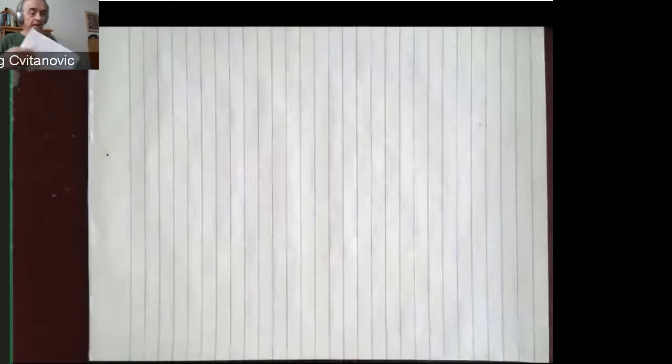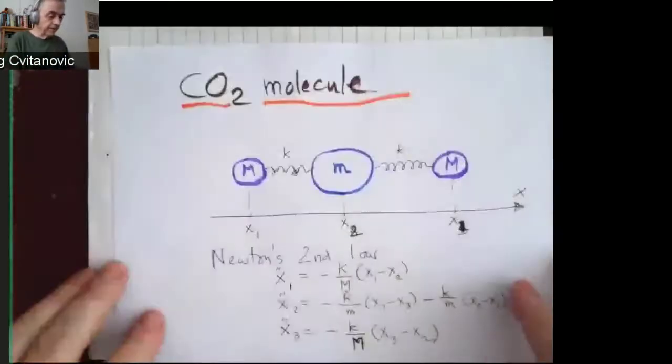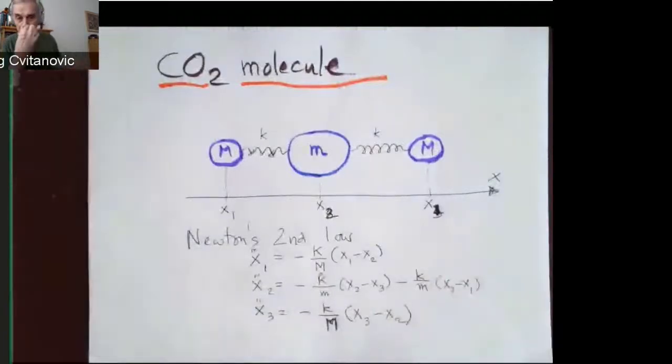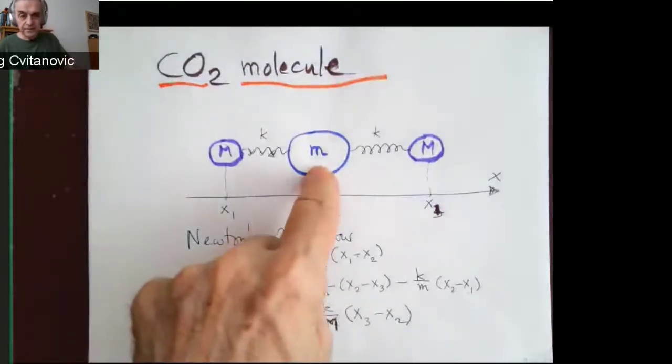Now I said it in words, but let us define explicitly what is a collinear carbon dioxide molecule in the classical description. There's a carbon with mass little m.